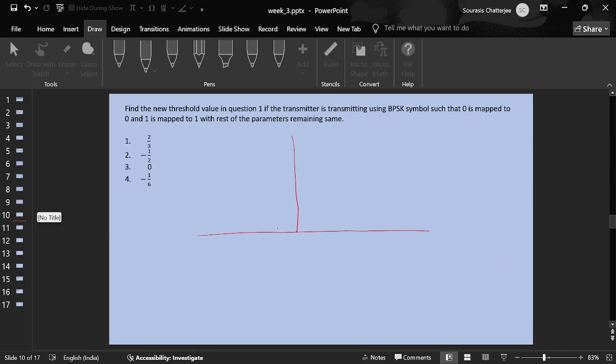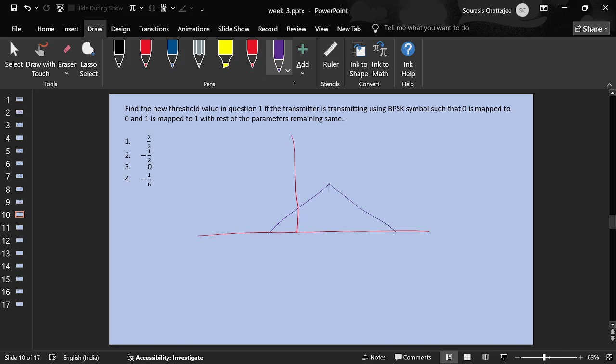That one has a height of 1 over 6, as we have already seen, and is centered around 1, 3, and minus 1, with 1 over 6 height.